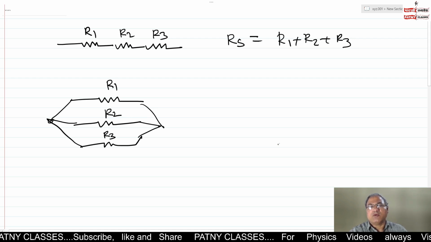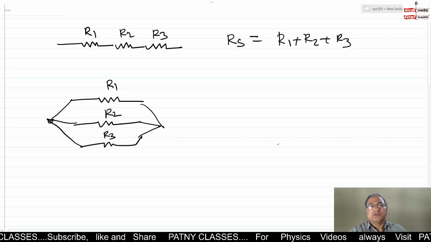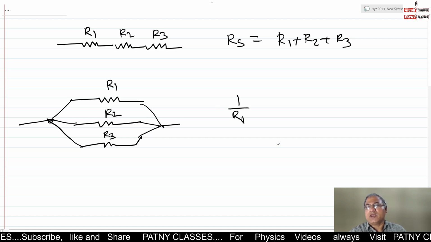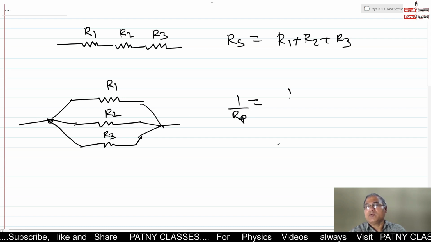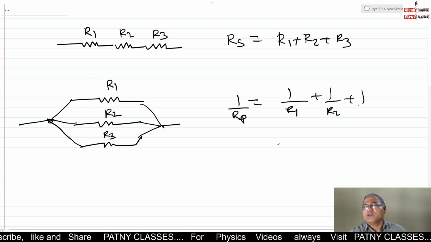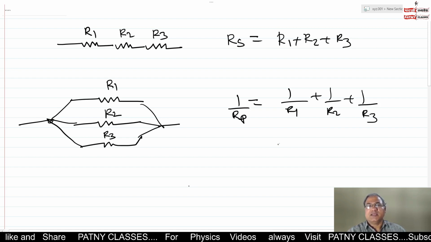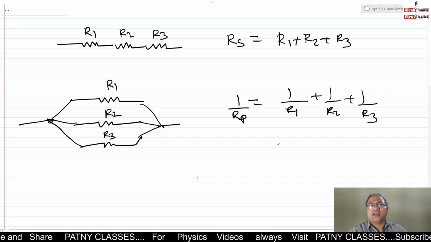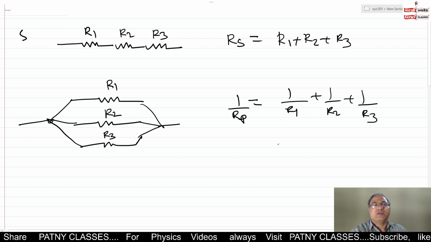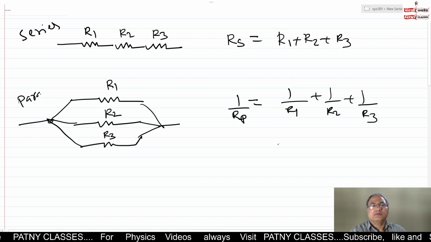You can even have 2 resistors, or even 100 resistors. So here I have 3 resistors in parallel. So for equivalent resistance, 1 upon Rp equals 1 upon R1 plus 1 upon R2 plus 1 upon R3. By using this expression, easily we can find out equivalent resistance in case of series combination and parallel. The first one is series and the second one is parallel.